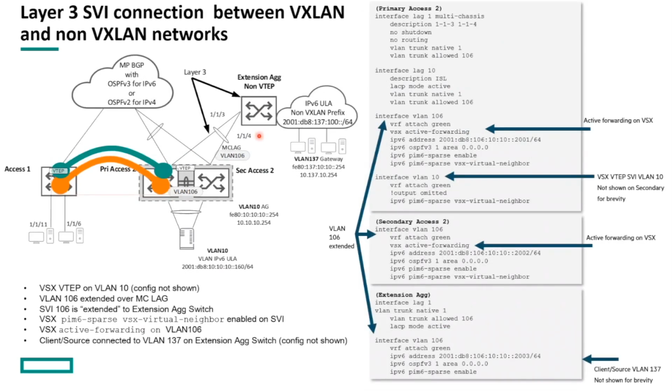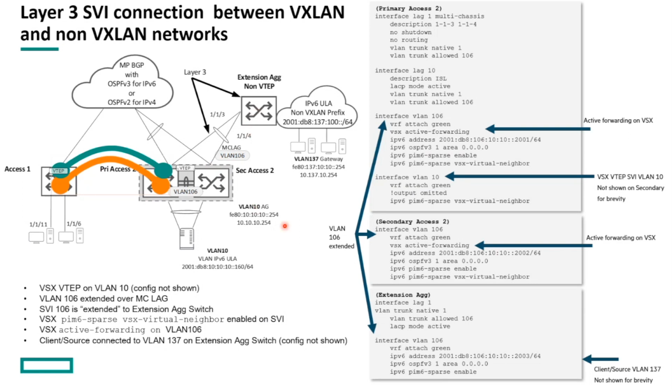So next we're going to cover a layer 3 SVI connection with a multi-chassis lag. So very similar in terms of the multi-chassis lag, except what we're now doing, we're using a transit VLAN effectively between the border VTEP and the extended switch in the non-VXLAN network.